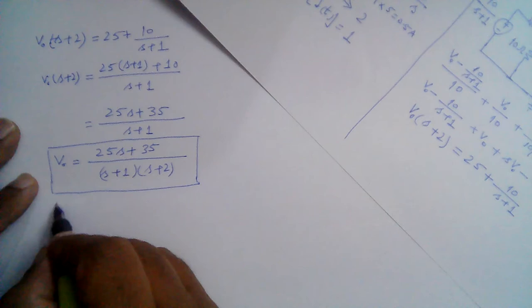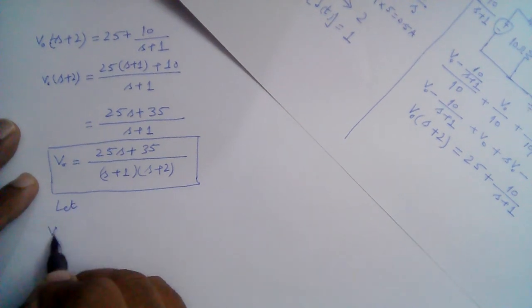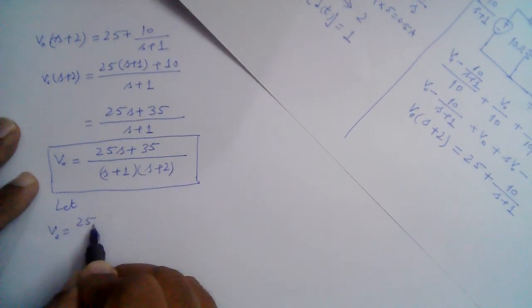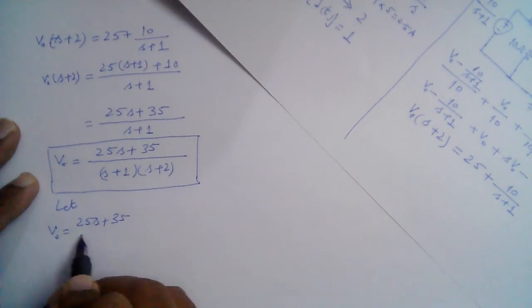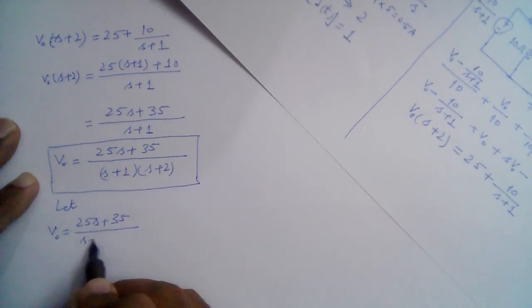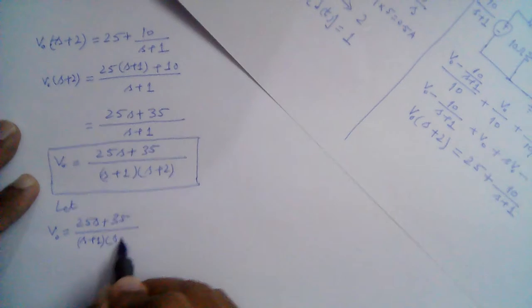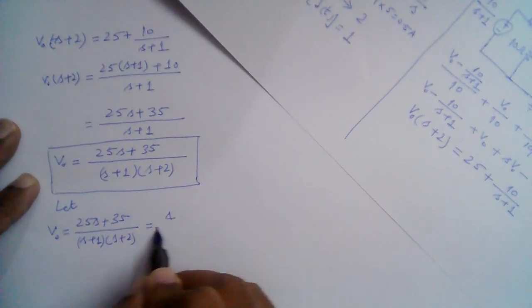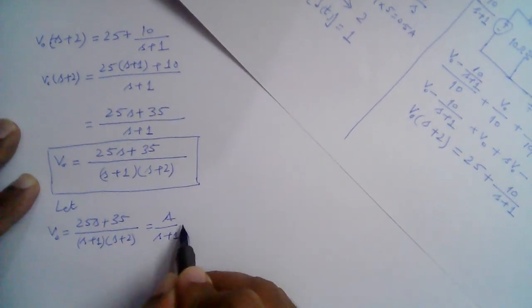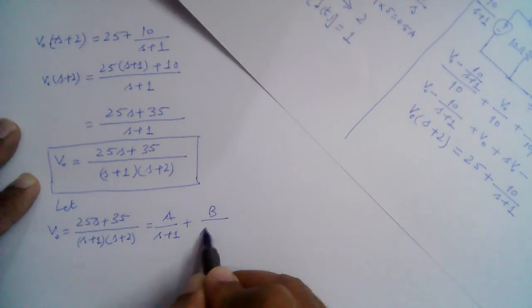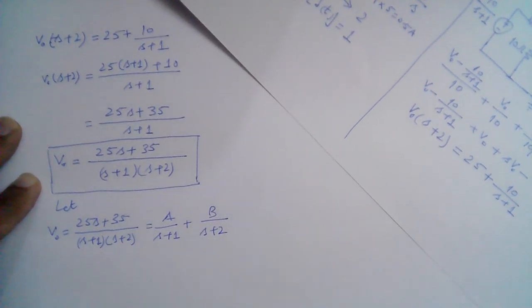So let V naught is equal to (25S plus 35) divided by (S plus 1) into (S plus 2), which is equal to A over S plus 1 plus B over S plus 2, right?